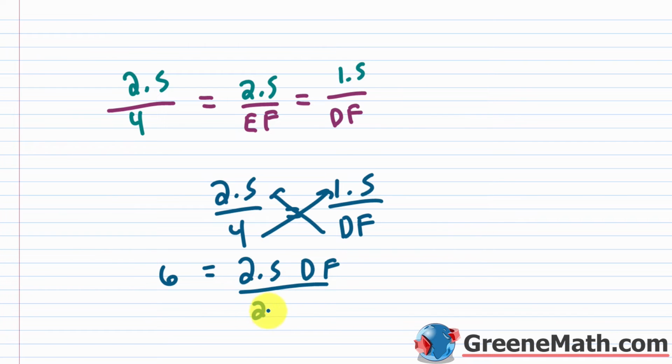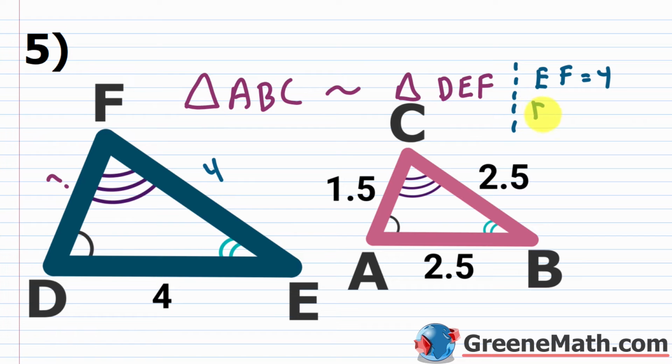If we divide both sides by 2.5, this is going to cancel, and I'm going to get that the length of the side DF is equal to 6 divided by 2.5. In your calculator, that's going to give me 2.4. So coming back up here, let's just say the length of the side DF is going to be 2.4. Let's erase this and just fill it in right there. So to answer the question, the length of the side EF is 4, and the length of the side DF is going to be 2.4.